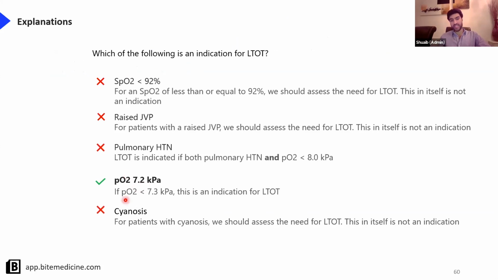If the PO2 is less than 7.3, that is an indication for long-term oxygen therapy. All the other answers are not indications except pulmonary hypertension. So pulmonary hypertension with a PO2 of less than 8 is an indication, but you need to have both, okay? All the others are not indications, and you can read through those answers on the slides.